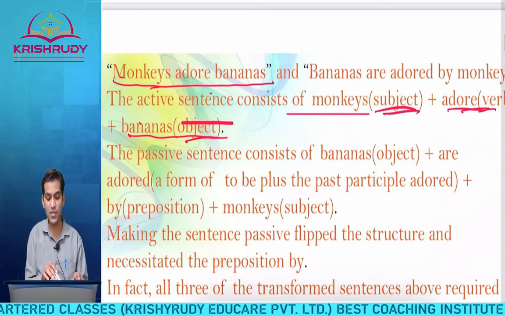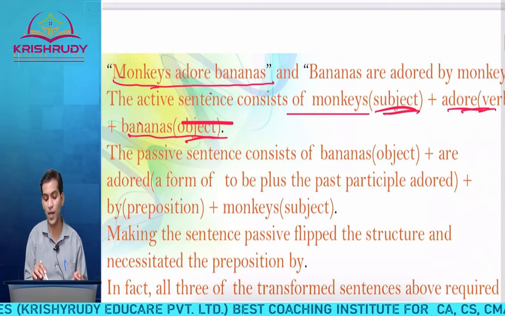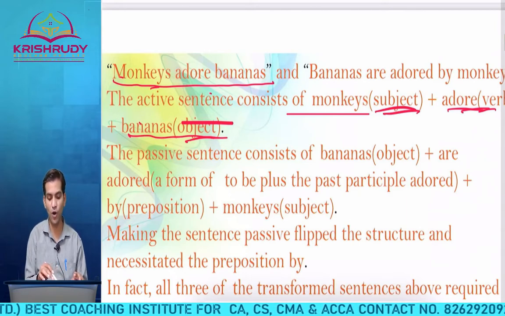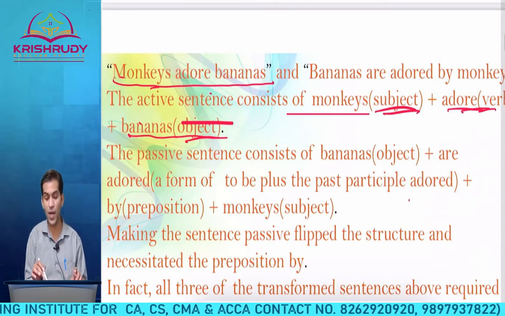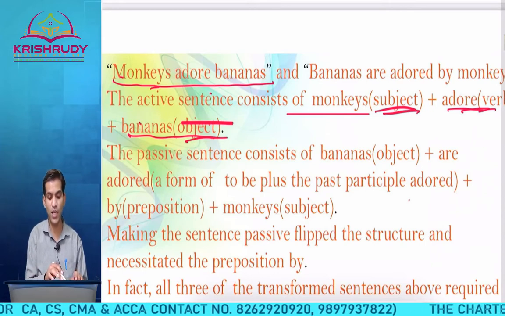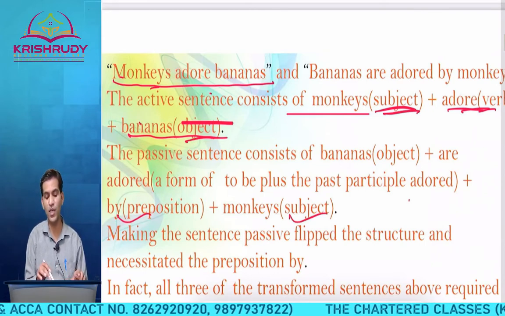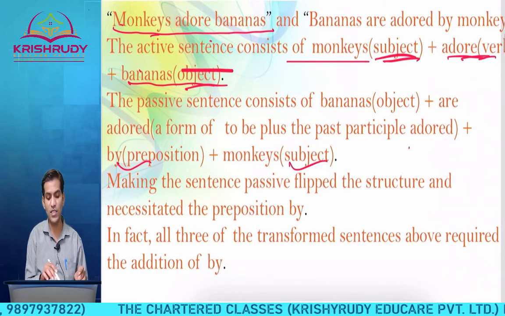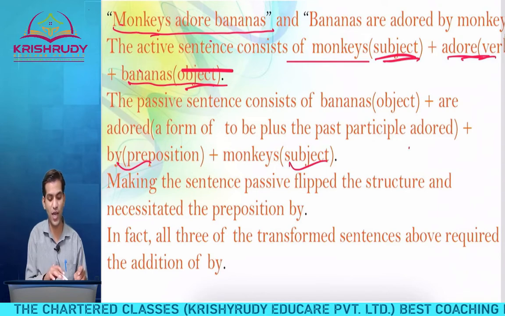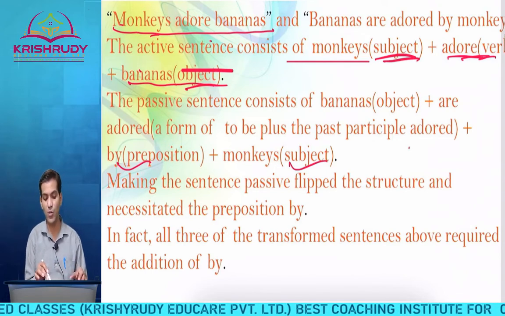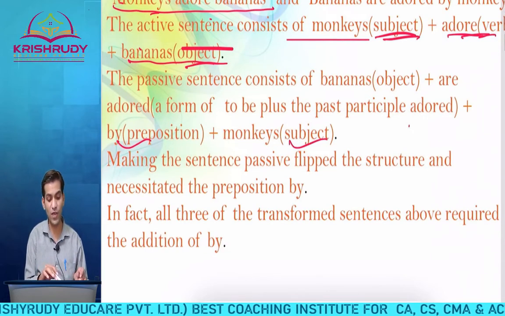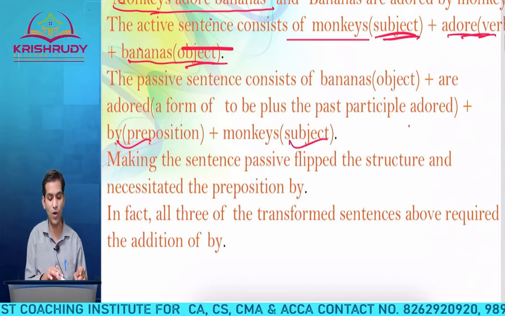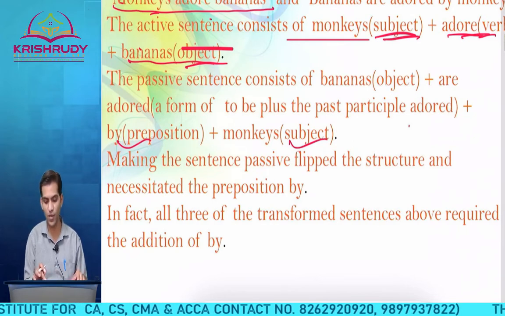The passive sentence consists of bananas, object, plus "are adored", a form of "to be" plus the past participle "adored", plus "by" preposition, and monkeys, subject. So making the sentence passive flipped the structure and necessitated the preposition "by". In fact, all three of the transformed sentences above required the addition of "by".